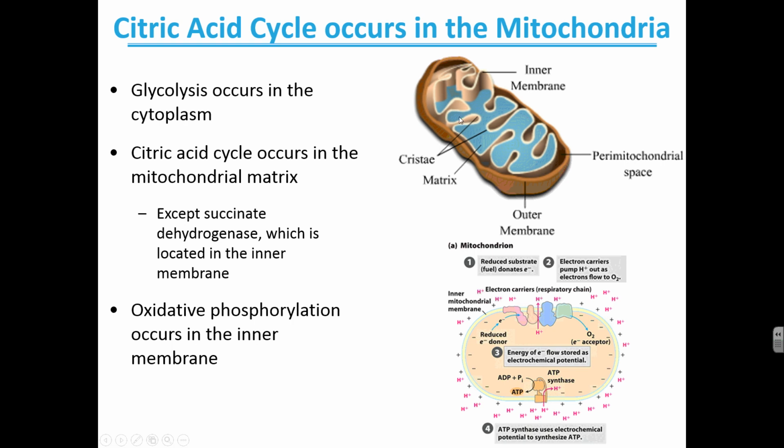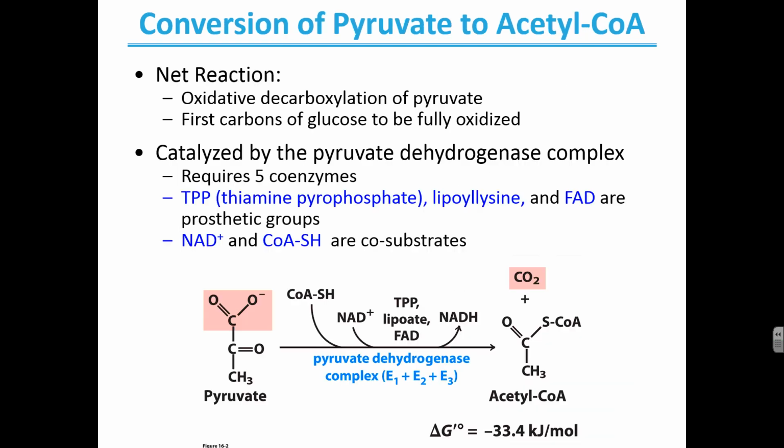So what we're going into now is looking at what's going on inside of the mitochondria. We've got our pyruvate that was the end result of glycolysis occurring out in the cytoplasm. That pyruvate is going to be pulled across the membranes of the mitochondria into this mitochondrial matrix so that we can see the reactions occur.